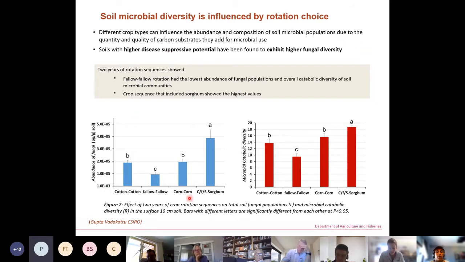We have shown that with corn and sorghum, if they are in your rotation, they have significantly higher fungal diversity and abundance. So maybe a bare fallow is not the best choice, even though it reduces inoculum, but it also significantly reduces all those other things that we feel are really important and know to be important for disease suppression.